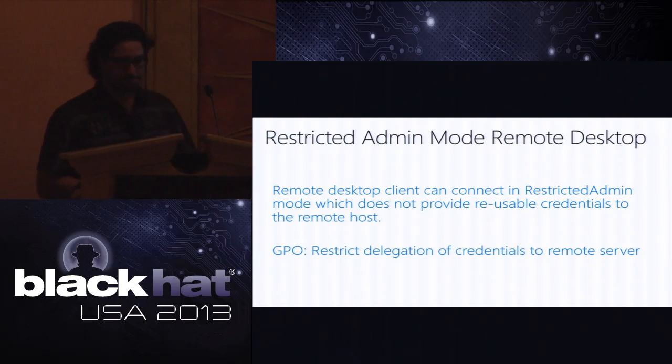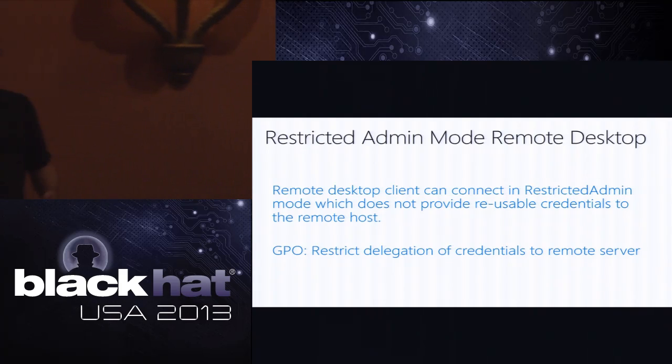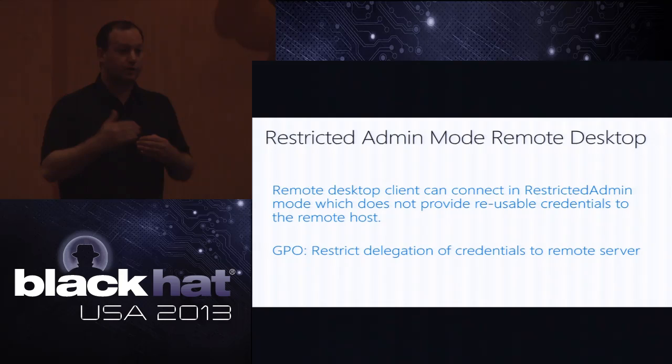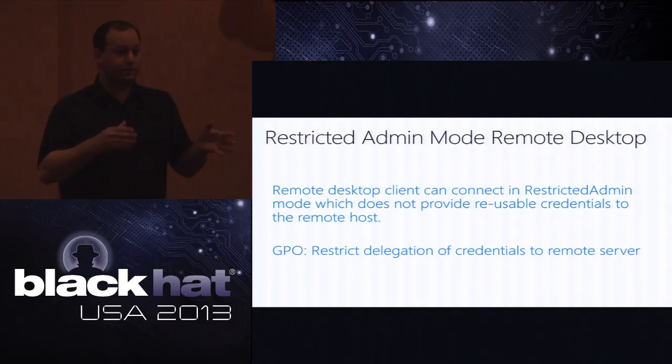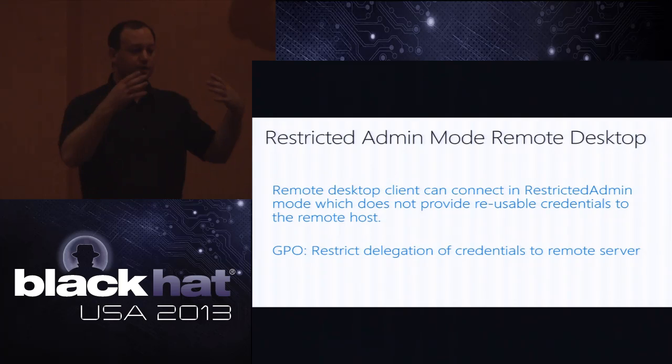That includes any type of target, whether it's an RDP to a server or to a workstation. Anything that you RDP to, you can authenticate to it but not provide credentials on that far end. It is configurable both as a command line switch to mstsc.exe, as well as by enforcing a GPO on the place where you're running the RDP client, and it will obey that GPO.